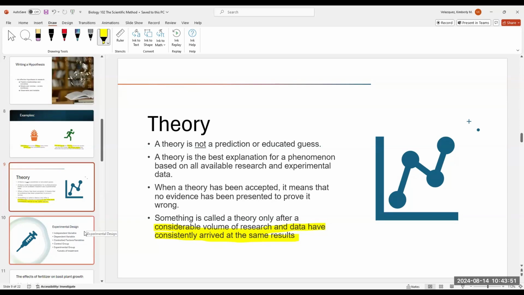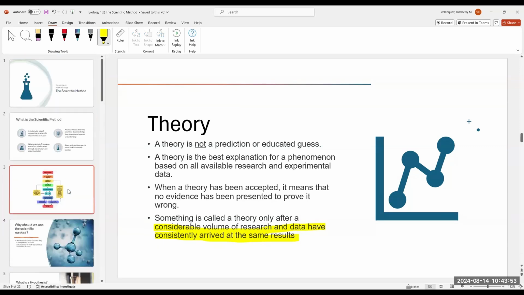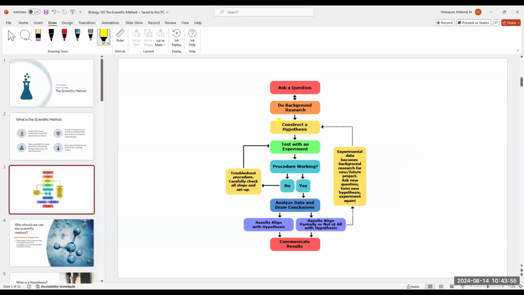Okay, ultimately, going back to our steps of the scientific method, after we construct a hypothesis, we need to test that hypothesis with an experiment. And experimental design in science is hugely important. If you start really reviewing scientific literature, you can start to poke holes sometimes in experiments, looking at things such as, were there other factors that could have been influencing the outcome?